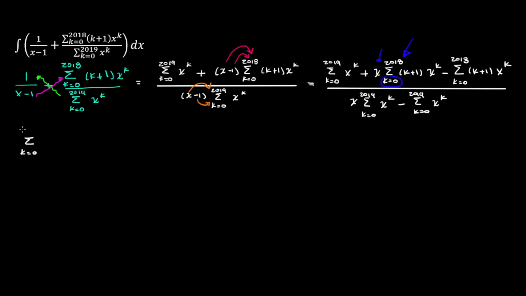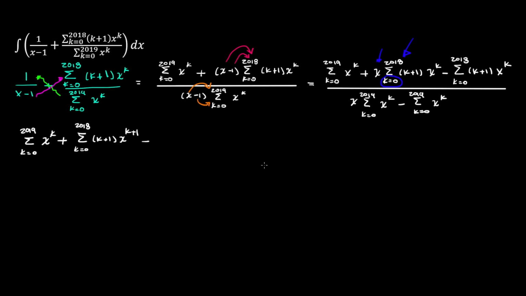We copy the first term, and then we put the x inside the summation. Since we have x here and x raised to the k power, the exponents add up, so there'll be x to the k plus 1. So there'll be summation from k equals 0 to 2018 of k plus 1 times x to the k plus 1.